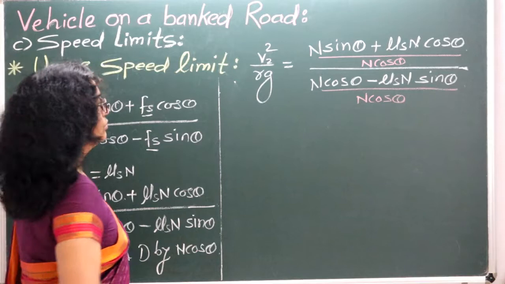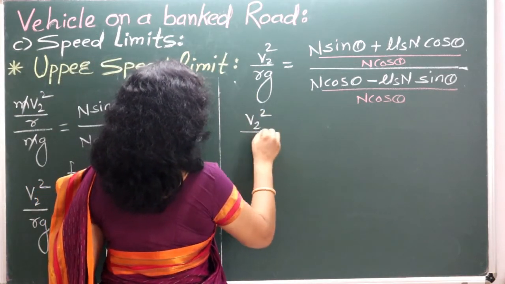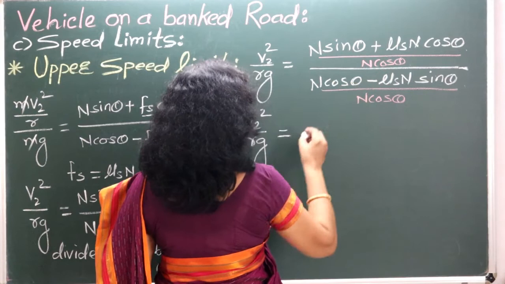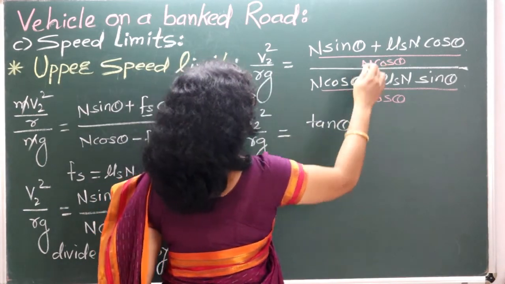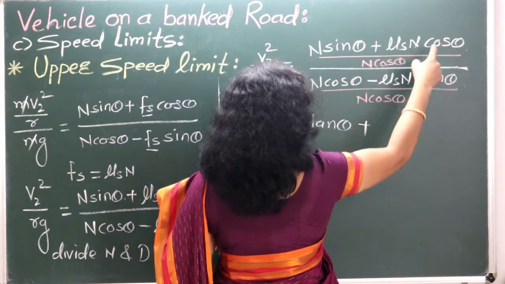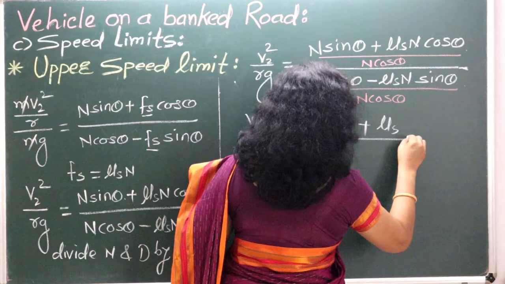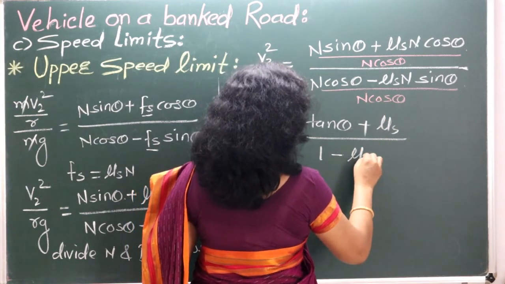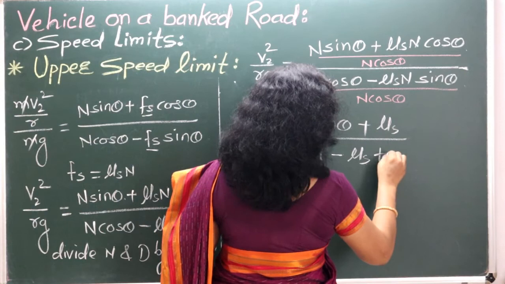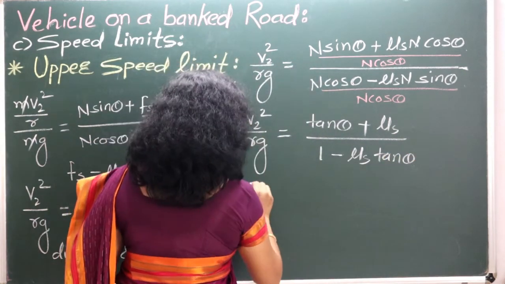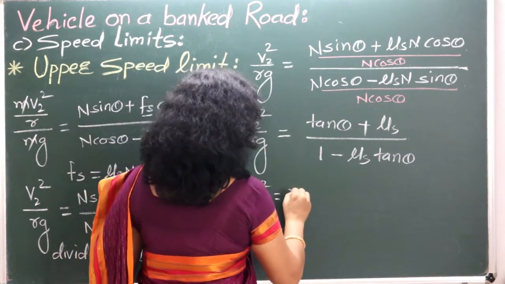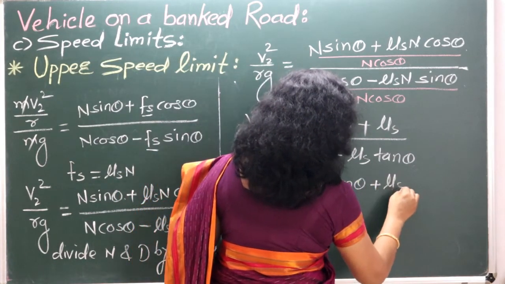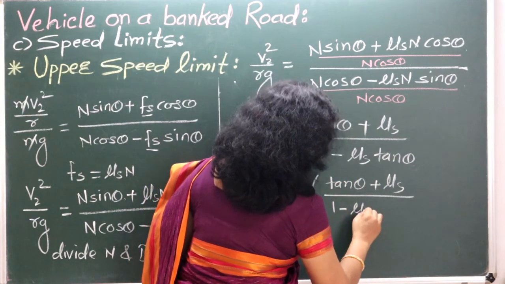Now we will get v2 square upon rg equal to, N gets cancelled, sin theta upon cos theta, that is tan theta, plus mu s as it is, N cos theta gets cancelled here, that is mu s, divided by 1 minus mu s, when N gets cancelled, sin upon cos, that is tan theta, and therefore v2 square is equal to rg into bracket tan theta plus mu s upon 1 minus mu s tan theta.